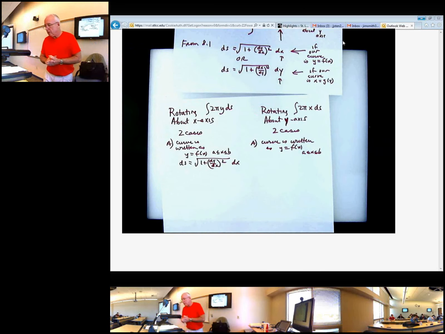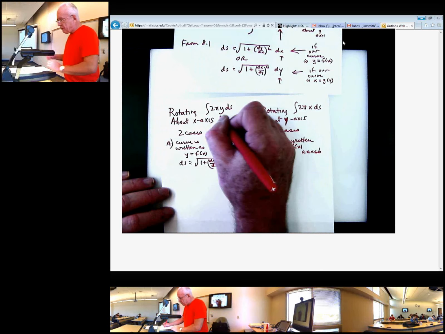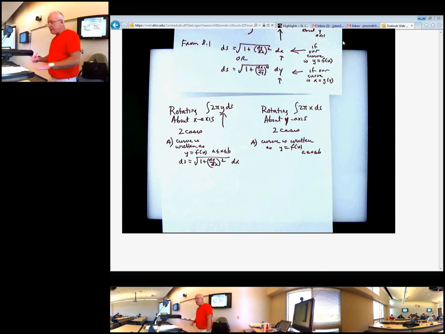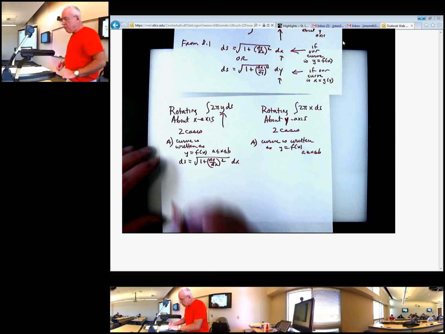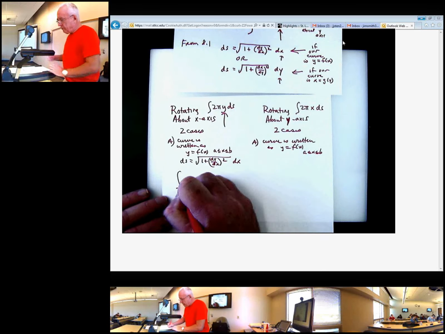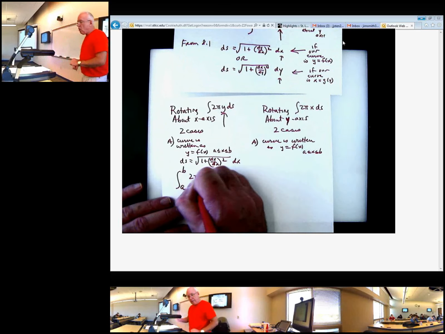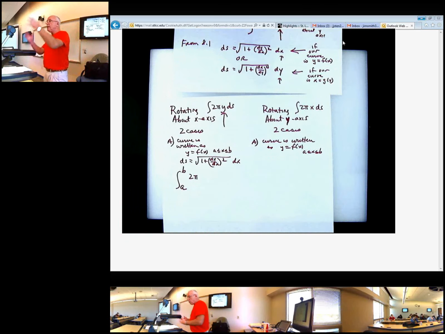So therefore, I just plug this in. I've got my basic formula for rotating about the x-axis. So now my formula is going to be, from x going from a to b, 2 pi. Now, what we're going to want is x's in our integral.